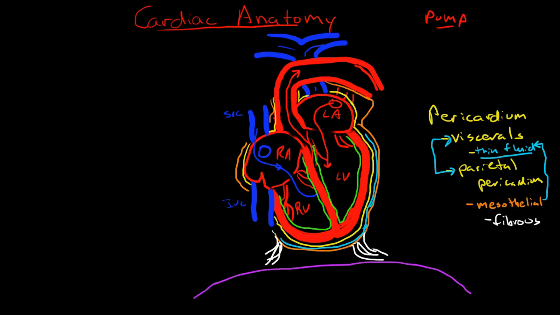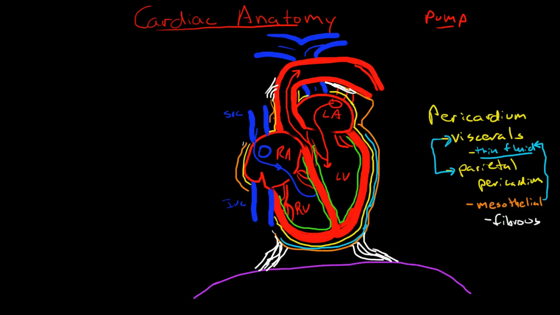So we have these thick strands that are very high in collagen and very strong fibrous tissue that anchors the parietal pericardium to the diaphragm. And it also anchors the parietal pericardium to the great vessels on the superior surface of the heart. Okay.